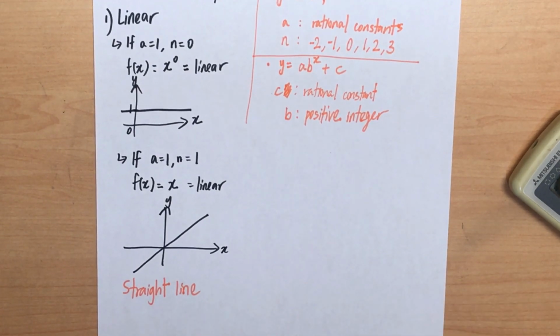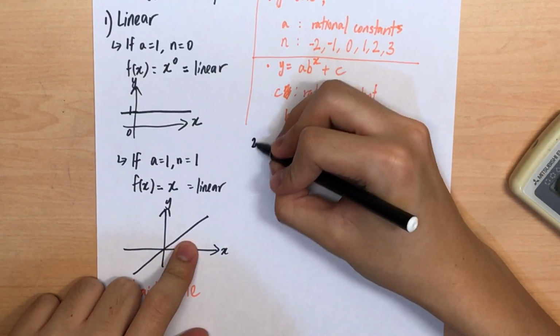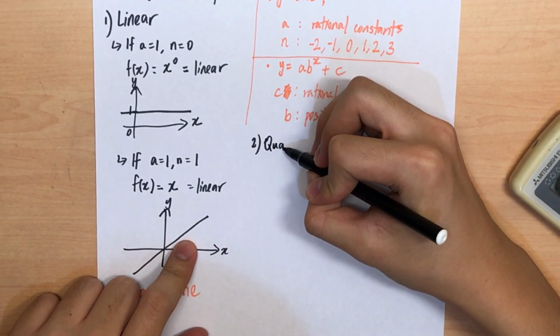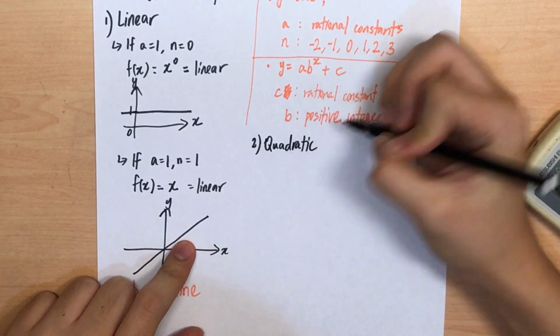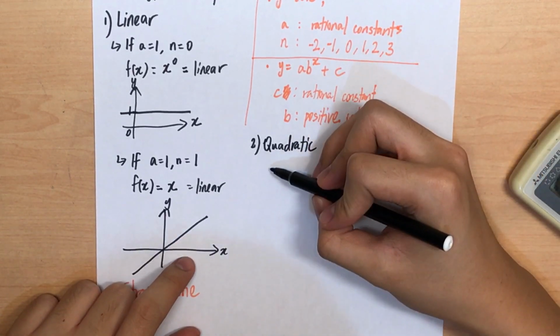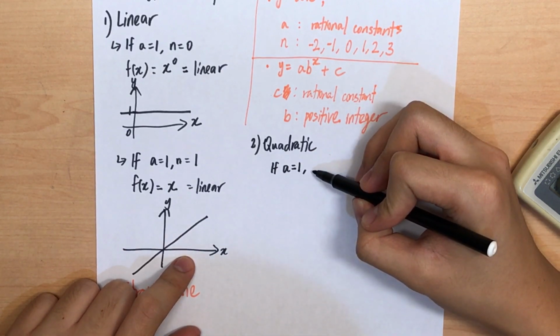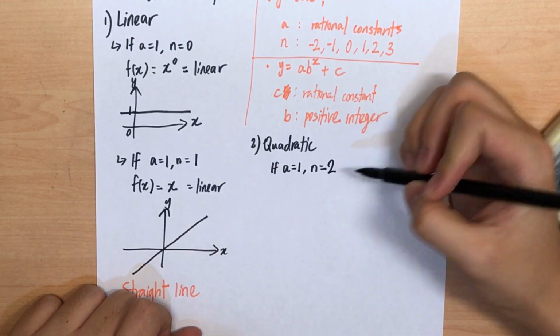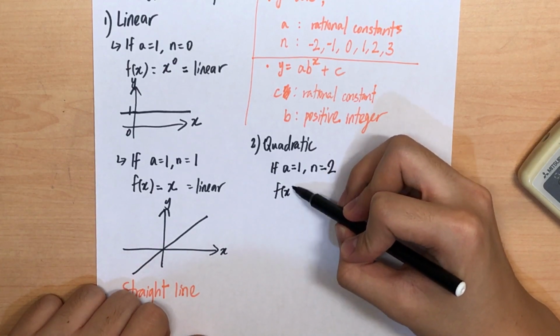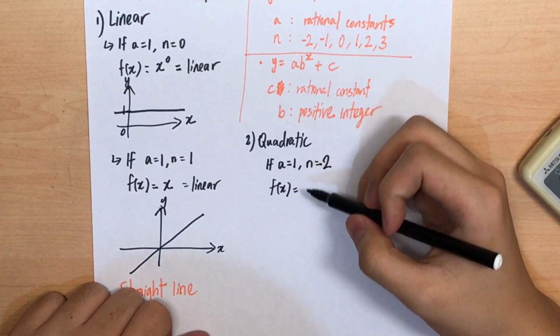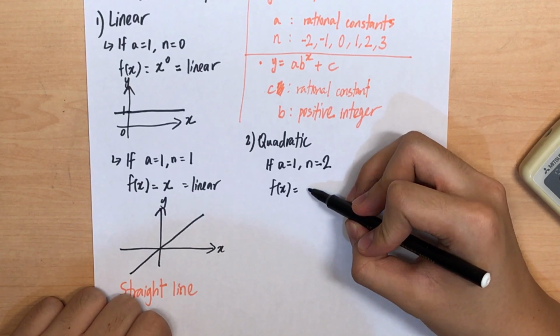The second type of graph is called the quadratic graph. When a is 1 and n is 2, then following this equation, f(x) will be x squared.